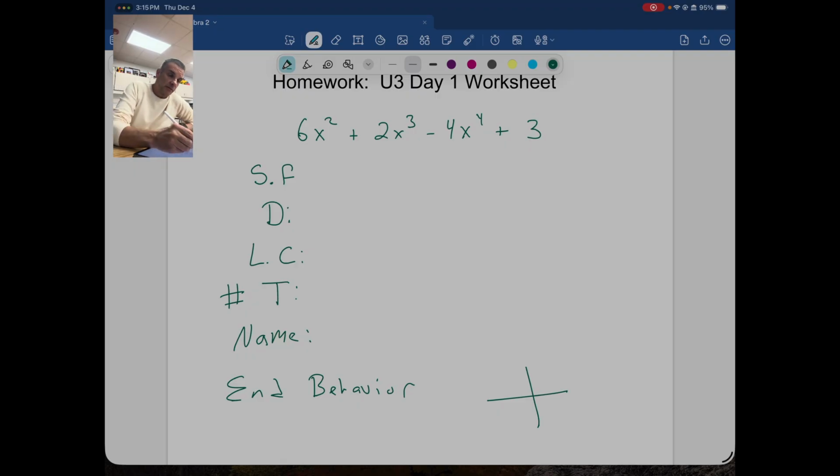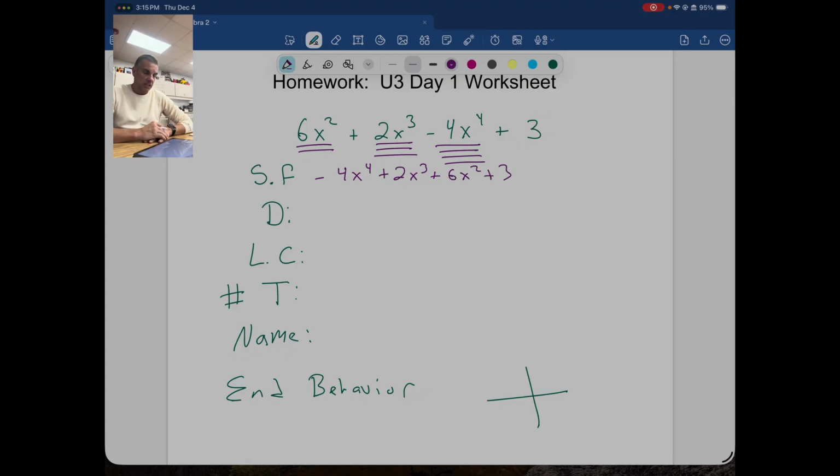Okay, so here we go, standard form. I'm just going to go ahead and underline 2, 3, 4, and none. So 4 goes first, so negative 4x to the 4th plus 2x cubed, plus 6x squared plus 3. Degree, I look at my first term. My first term power is 4, so it's 4th degree, which we said was quartic.